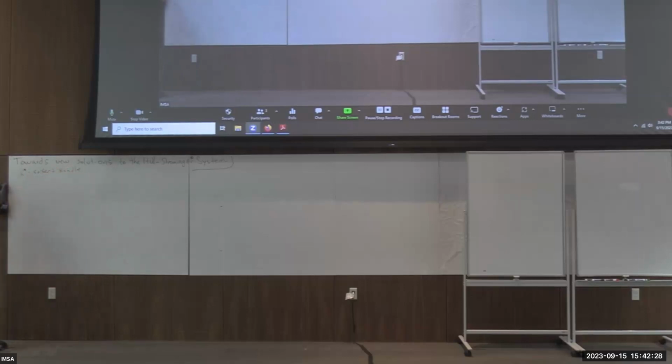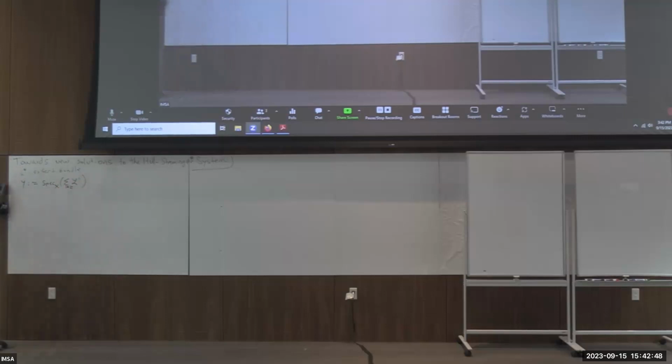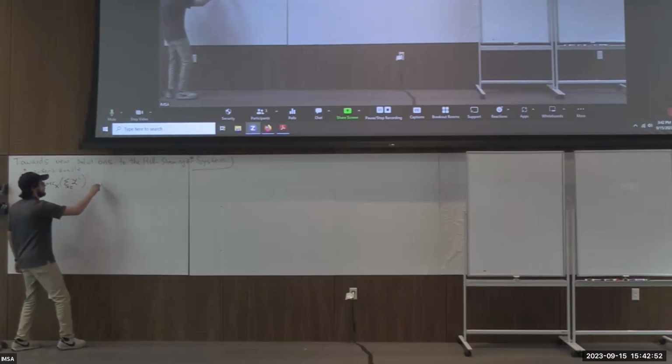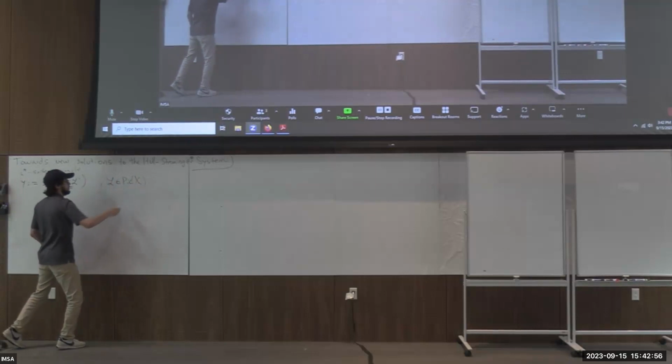These types of bundles are defined as Y, the Spec of. So this is the construction for the circle bundles generated by L in the Picard group of X.